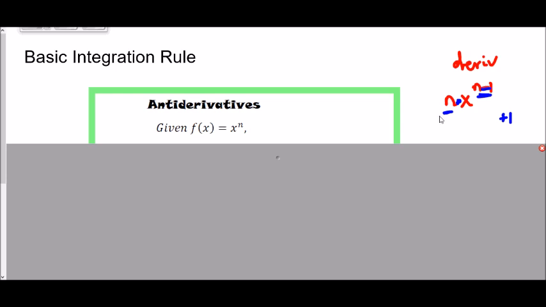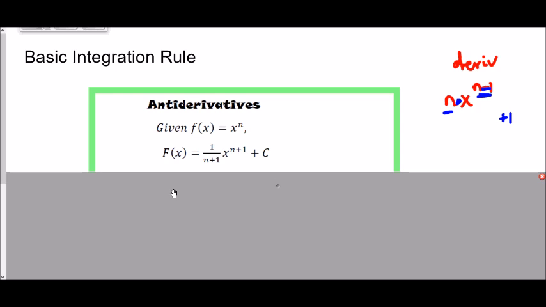So this is just opposite operations. To get capital F, you're going to have x to the n plus 1, so you're going to add 1, and then you can either write the division out front as a fraction, or you could literally write it underneath. N plus 1 is going to go underneath.